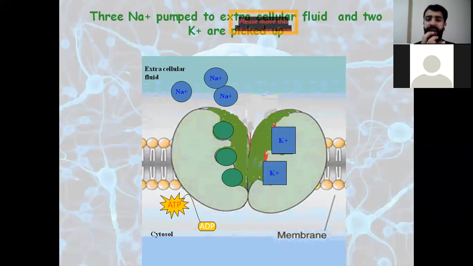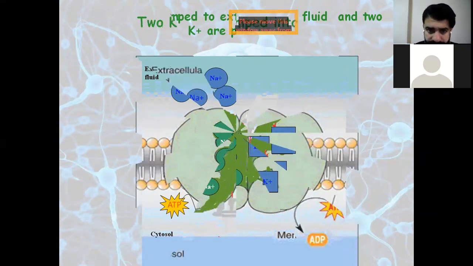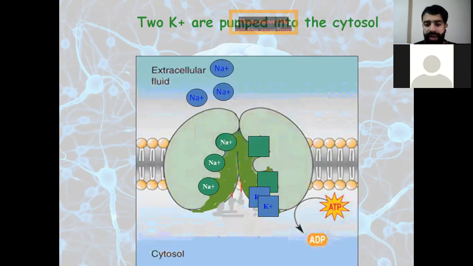So 3 Na plus, they were pumped to where? To the extracellular fluid. And 2 K plus, they were pulled to the inside, where this requires ATP. ATP is adenosine triphosphate, it's the form of energy used. So here, K plus enter inside the cytosol.